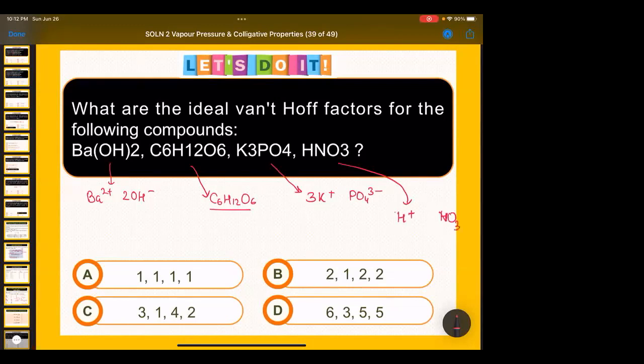So barium hydroxide is dissociating into 3 particles, glucose is not dissociating, potassium phosphate is dissociating into 4 ions, and HNO3 is dissociating into 2 ions. Assuming 100% dissociation, because the ideal van't Hoff value means you are assuming 100% dissociation, because these are strong electrolytes. So 3, 1, 4, 2 is the right answer. Correct?